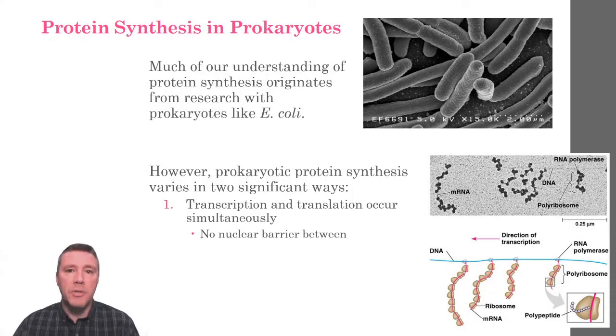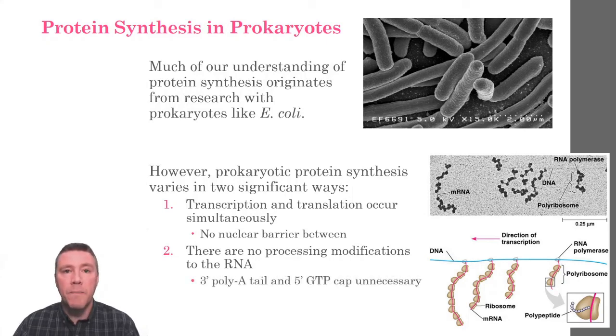The second major difference is that RNA processing does not exist in prokaryotic cells. Neither the 3' poly A tail nor the 5' cap are necessary in bacteria. After all, there is no nucleus for the RNA to exit, and only one end of the RNA molecule, 5', is suspended in the cytosol to which the ribosome could attach.